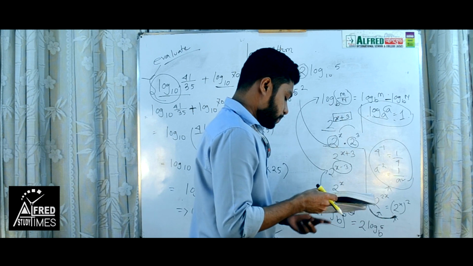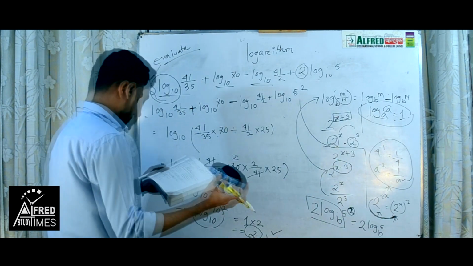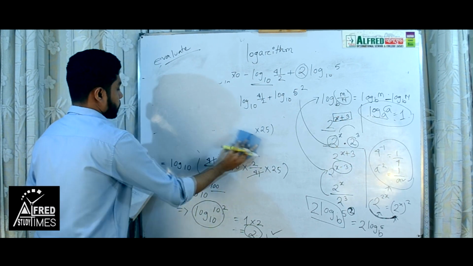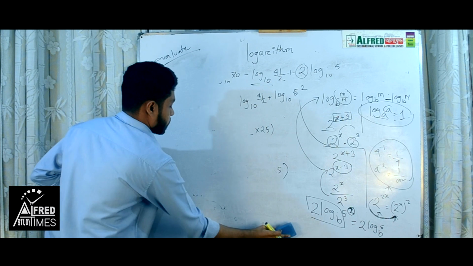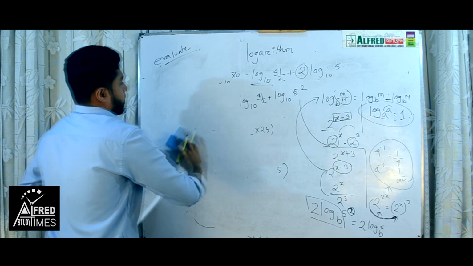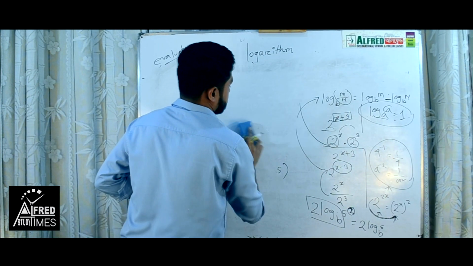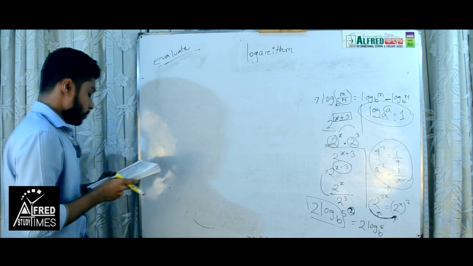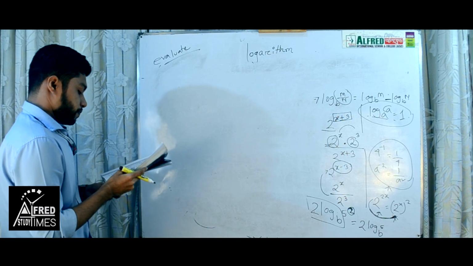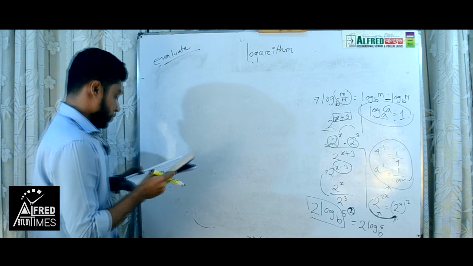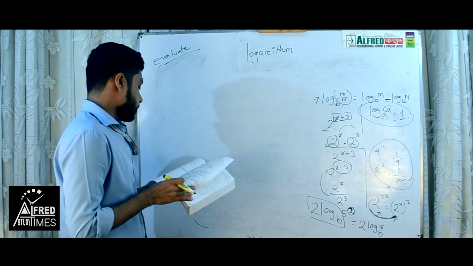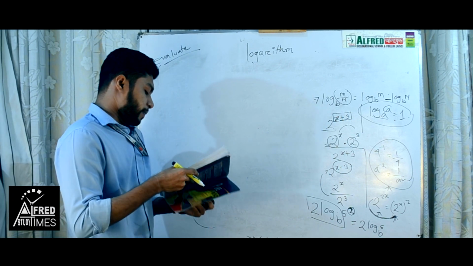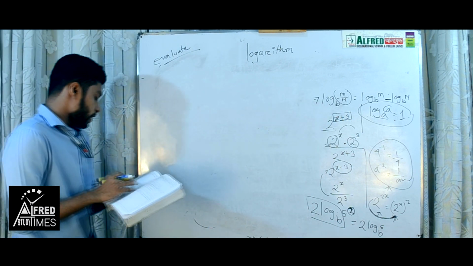So I can write it. First I erase it. Now I move to a more difficult math, and it will be your main basic math which will come in your exam.